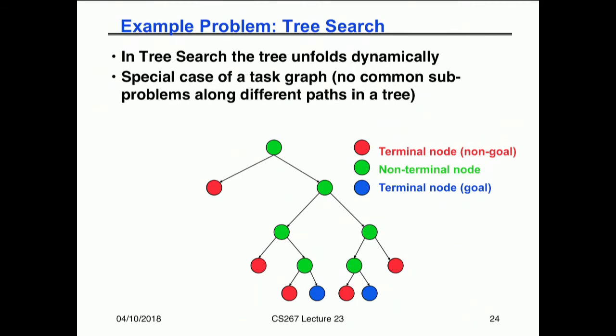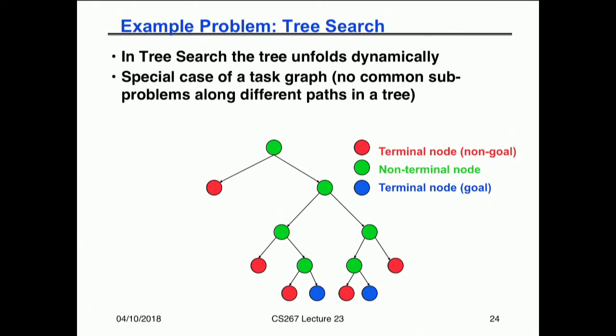We can talk about the terminal node, which is one we don't want to get to, like losing boards, for example, and a terminal node that's a goal, which would be a winning board. And so we're trying to search through the tree looking for the blue nodes, but if we go down this tree in depth first order, we're going to find 3 red nodes before we find the first winning blue node. And that's just doing it serially.